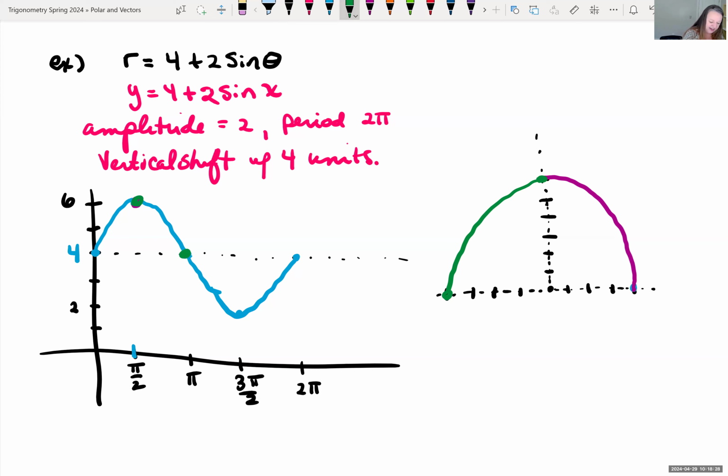Then as I'm going down to 3 pi halves, angle is 3 pi halves, I'm going to hit a minimum value, which is 2. So I'm going to come down and I'm going to hit a minimum value of 2.